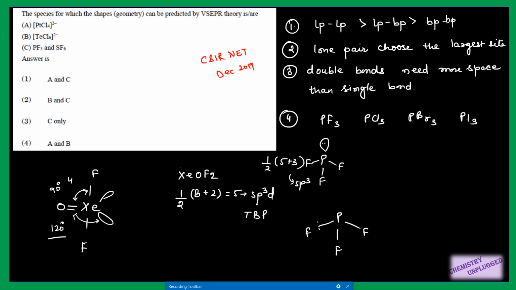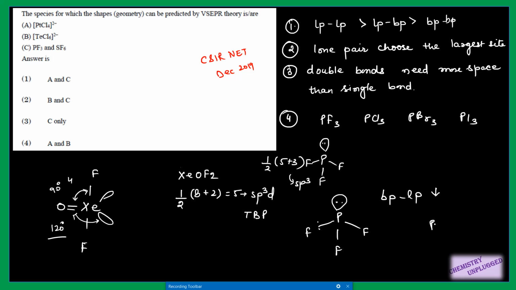And because of its closeness to this fluorine, meaning it is away from this phosphorus, the lone pair of electrons can occupy larger space, or you can say the bond pair lone pair interaction is decreased. In this case, their interaction is decreased, so repulsion will be less. Now this lone pair can expand in larger space, right?